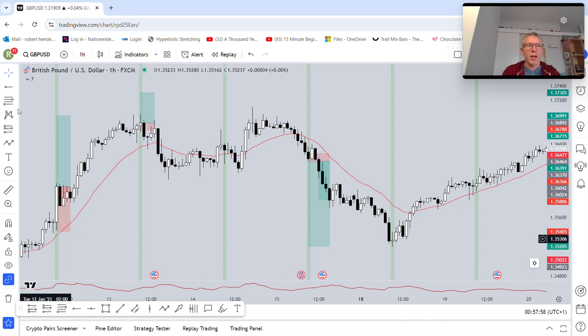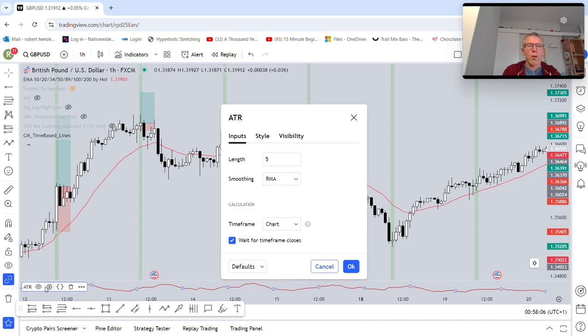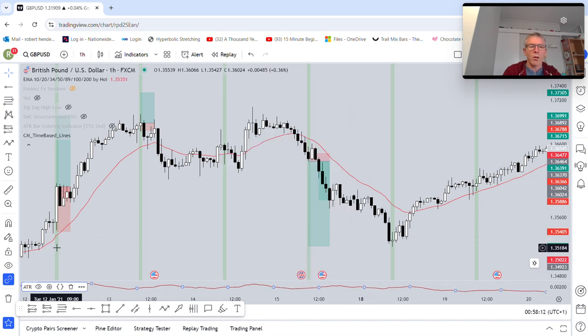If you look at the ATR, so here the ATR is 27. Can't remember what that is on. That's set on 5. I put it to a 14, which is a bit more normal. So even then, ATR is 22.